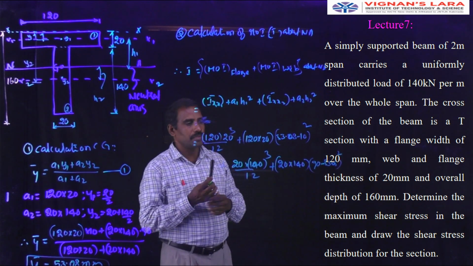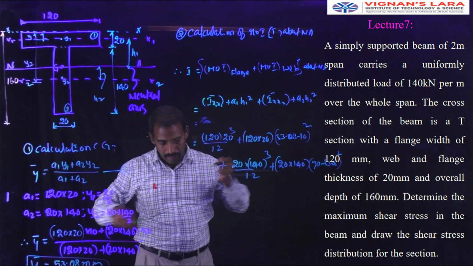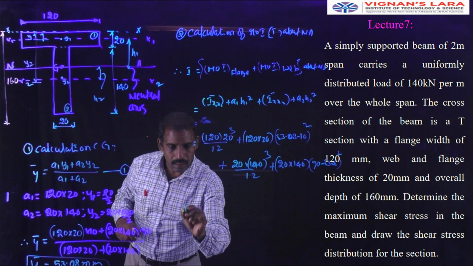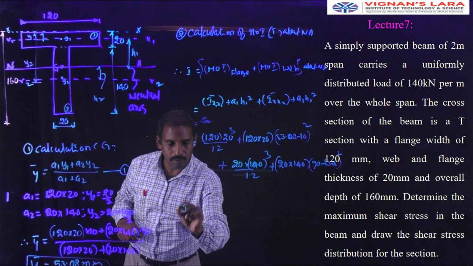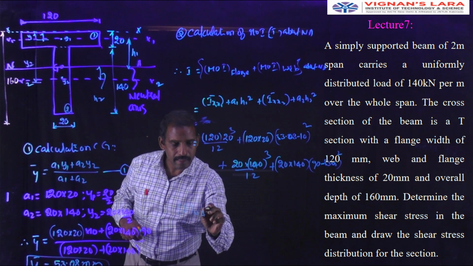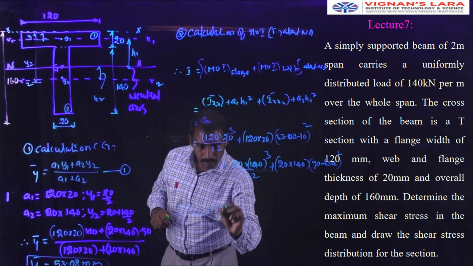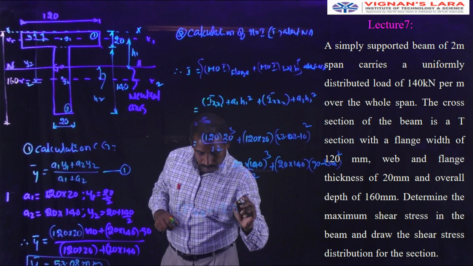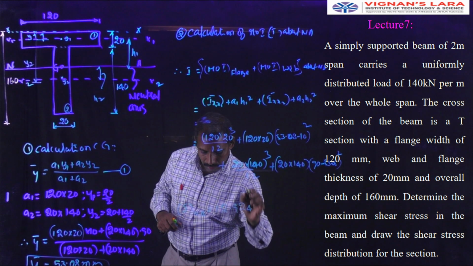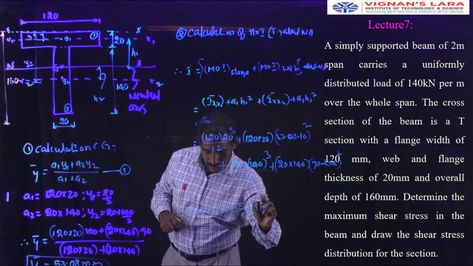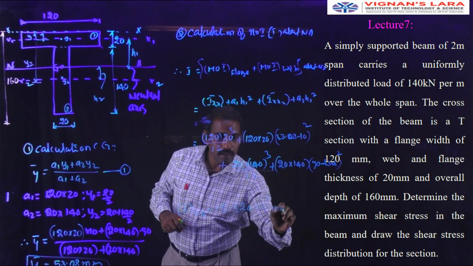After substituting all these values, finally the moment of inertia of the T section about the neutral axis is 12.924 into 10 to the power of 6 mm power 4.